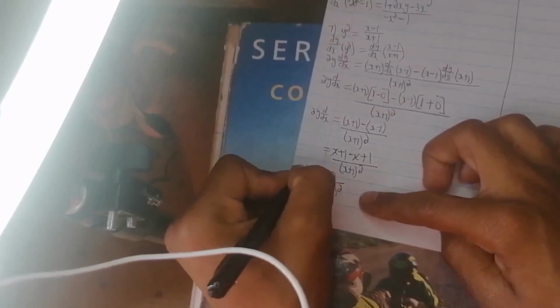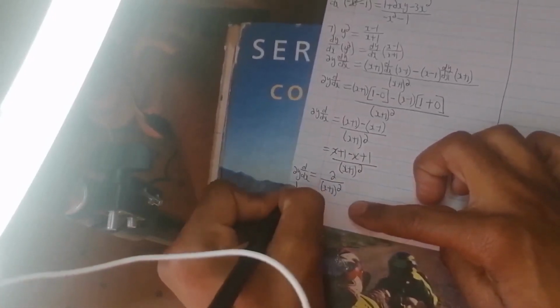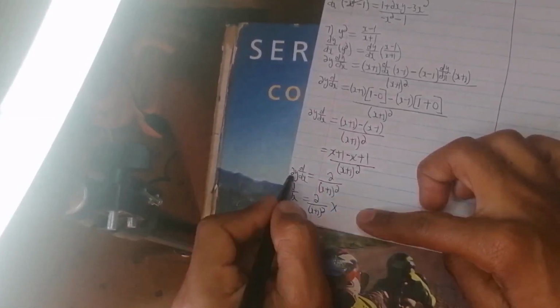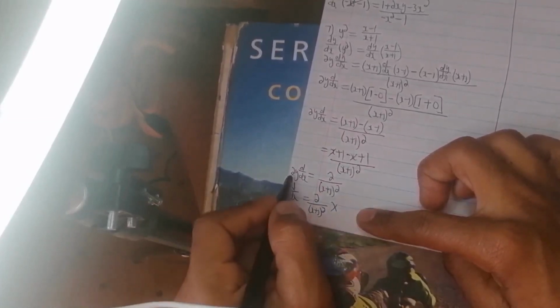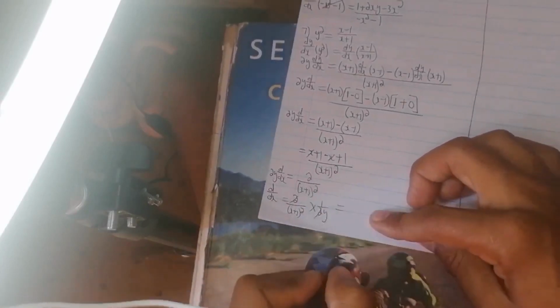Remember, this is 2y dy over dx. You divide it by 2y. dy over dx is 2 over x plus 1 squared times, and then the reciprocal of 2y is 1 over 2y. And this into this goes once.